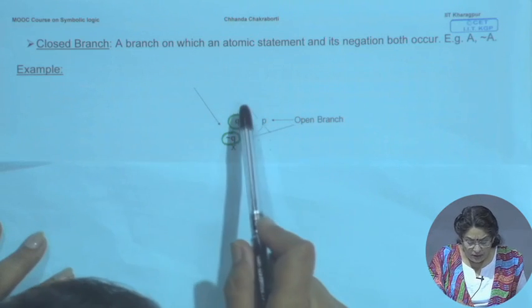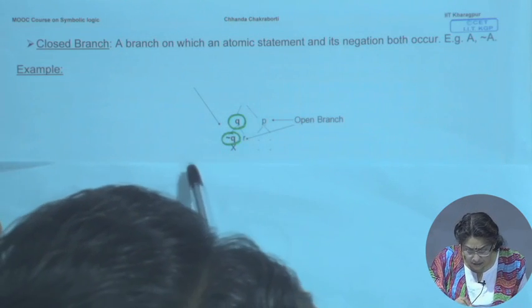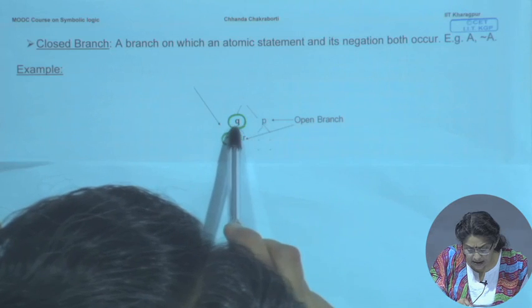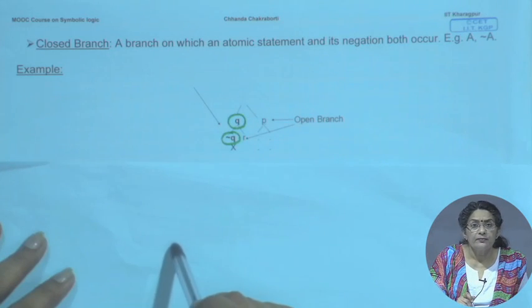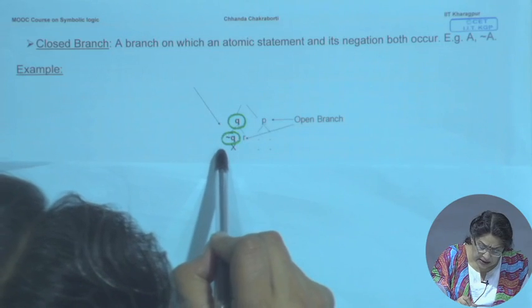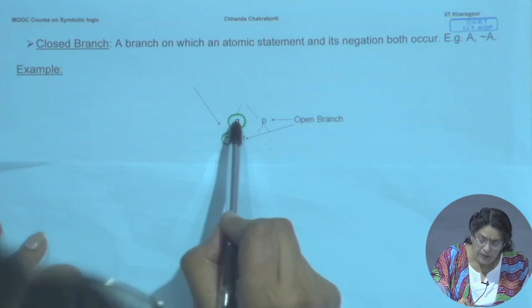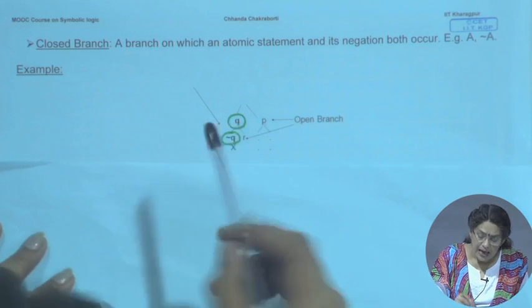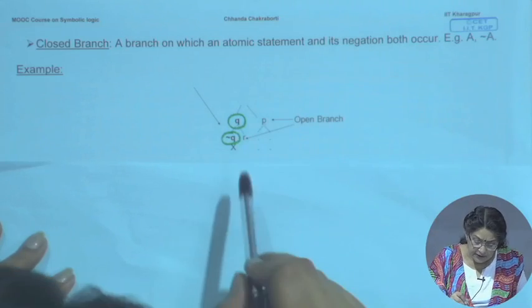So, when you have this situation, take a look. This branch is a closed branch. This branch is a closed branch. Why is it a closed branch? Because in this, both not Q and Q have appeared as a result of decomposition from above.